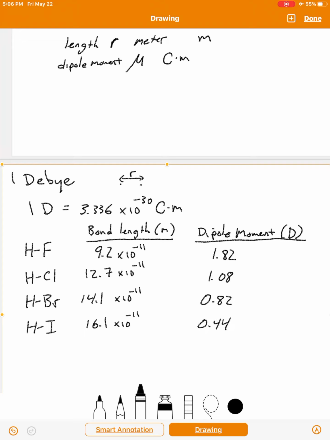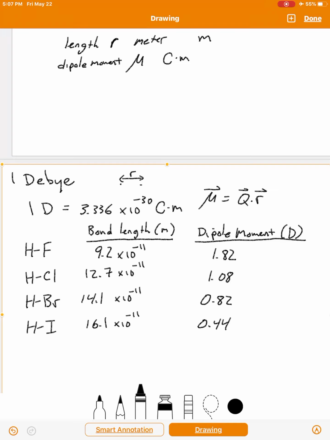So the point of that column is to suggest that the amount of charge on each atom must be getting smaller. Because if you think about it, the dipole moment is equal to the charge times the distance between the two particles.